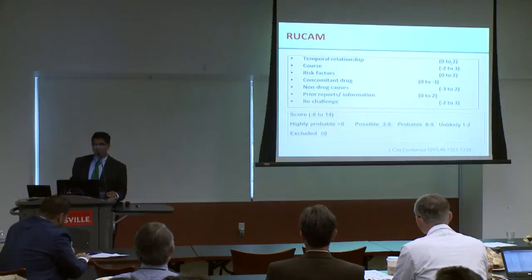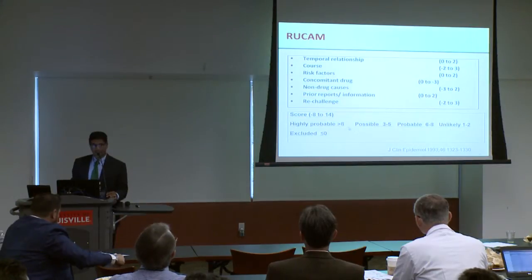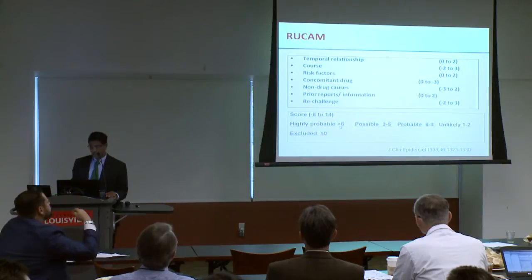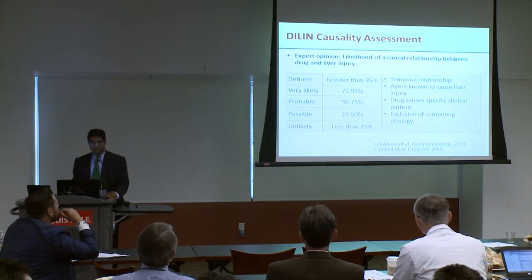They give numbers with regard to temporal association, course, risk factors, concomitant drug, non-drug causes, prior information, re-challenge, and there's a weight with regard to the number. So highly probable is if you get more than 8 points. In Drug-Induced Liver Injury Network, it's mostly an expert opinion.